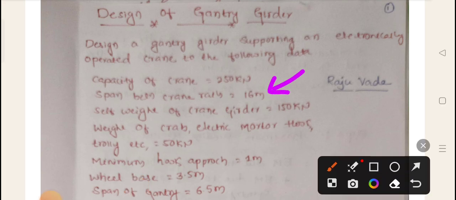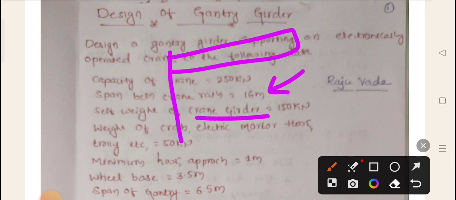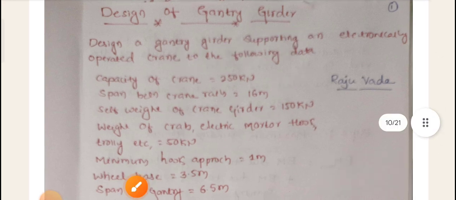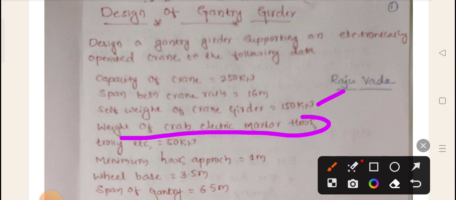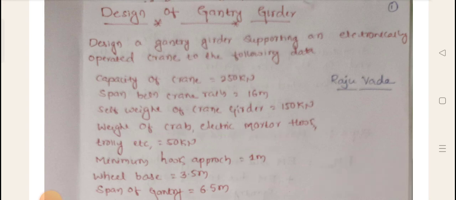Next, the self weight of the crane girder is 150 kilonewton. The weight of the crab, electric motor and hook is 50 kilonewton. The minimum hook approach is 1 meter.